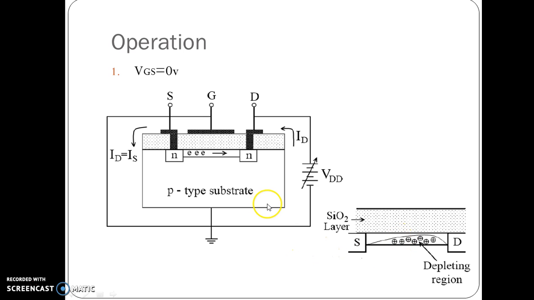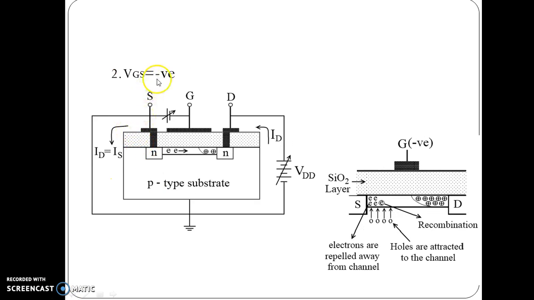At one balancing stage, the channel width becomes very small, through which only a fixed number of electrons can be attracted towards the drain, and hence the drain current remains constant. It is denoted by IDSS, that is the drain to source current when gate and source are shorted.